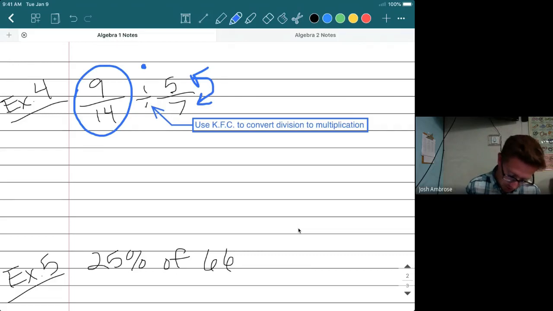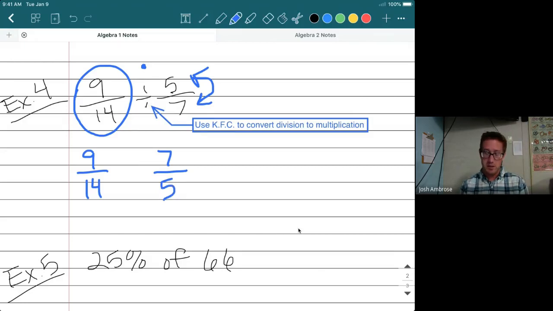All right, let's rewrite it. So the 9 over 14, that's the keep. All right, the flip is now 7 over 5. We flipped the fraction, and the change is change it to multiplication. All right, now what we're looking at is let's just go straight across.